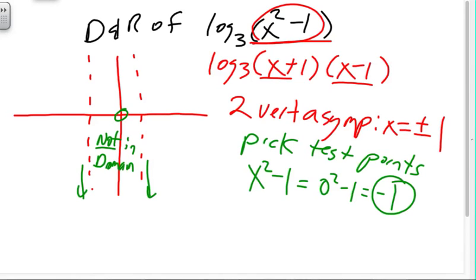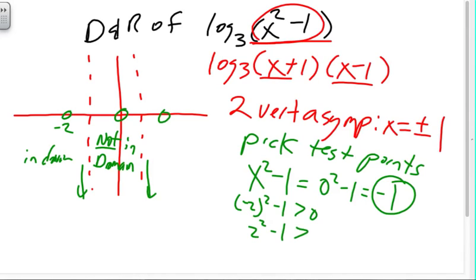So now let's pick a point over here, like negative 2. Negative 2 squared minus 1 is bigger than 0, so this is in the domain. And also pick a point over here, 2. 2 squared minus 1 is bigger than 0, so this also is. So what this guy looks like is it's going to come up, go through these points here, and bounce out.